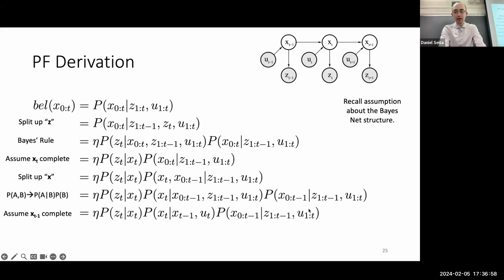So what is u1 to t? What happens to this term? What does x0 to t minus 1 mean? It goes up to xt minus 1. So what happened to ut here?